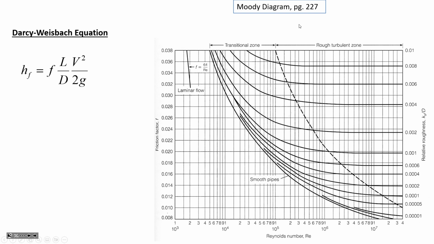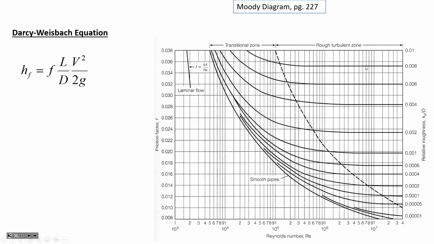So we saw in the Moody diagram that there's a section where the F value really only depends on the relative roughness. When we're in this rough turbulent zone, you'd have the same friction factor if the Reynolds number is 10 to the 6th as you would if the Reynolds number is 10 to the 7th. See how this line is flat?